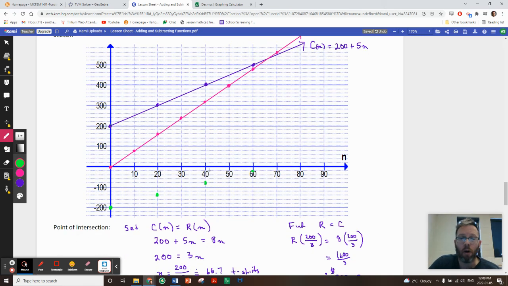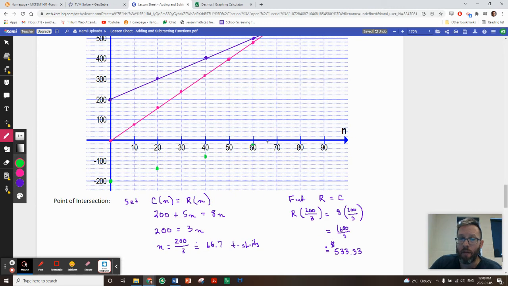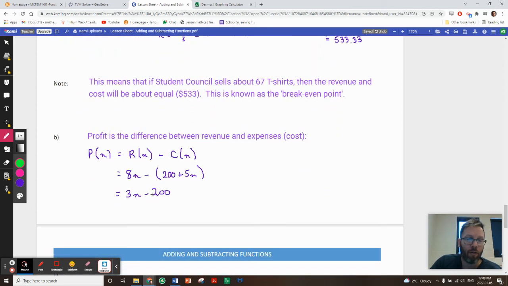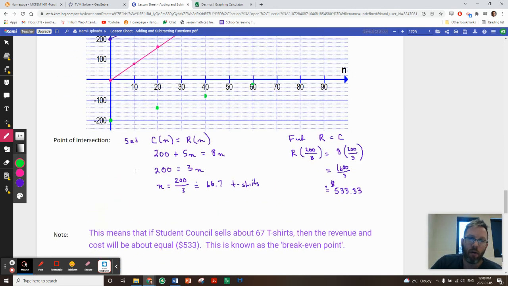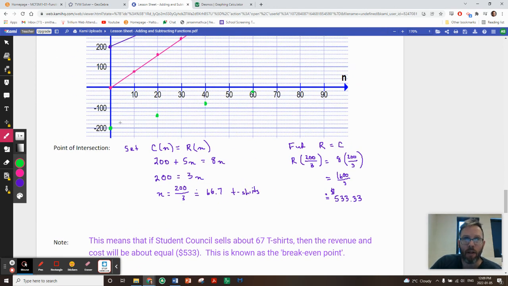So that's one method of graphing the sum or difference, just subtracting values in this case. But let's actually think about this function. So it's minus 200 for its initial value. And then our slope is 3. So every 10, we're going up 30. Every 20, we're going up 60.